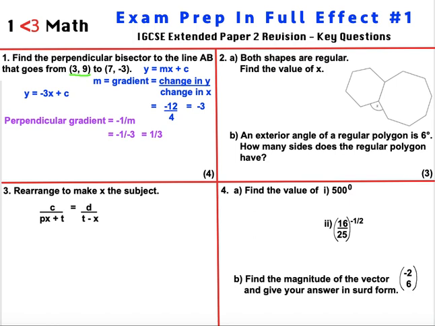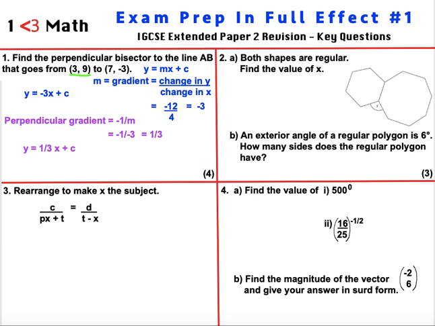So now we've got the perpendicular gradient, we can start to write the equation of the perpendicular bisector as y equals 1/3 x plus c. Now we need to calculate the c, and at the moment we don't have any points on the perpendicular bisector.